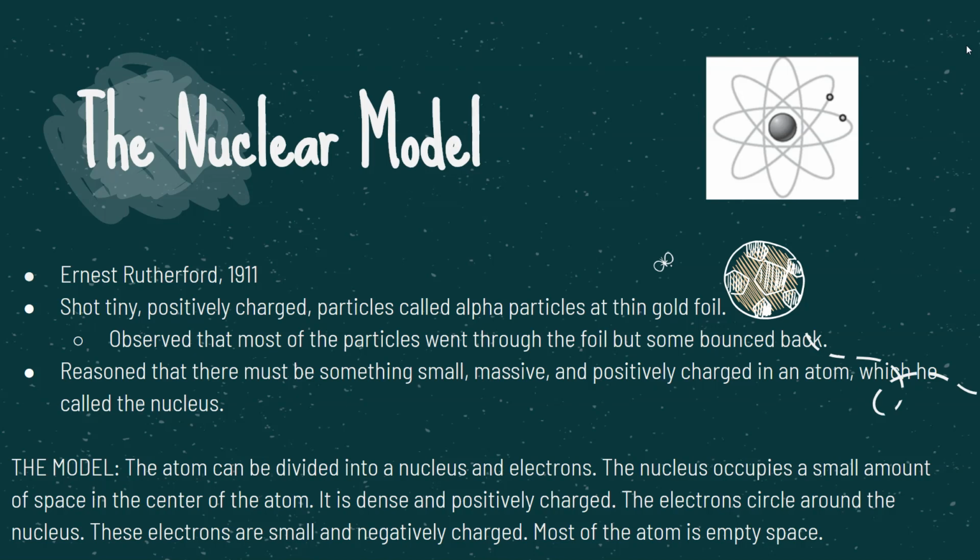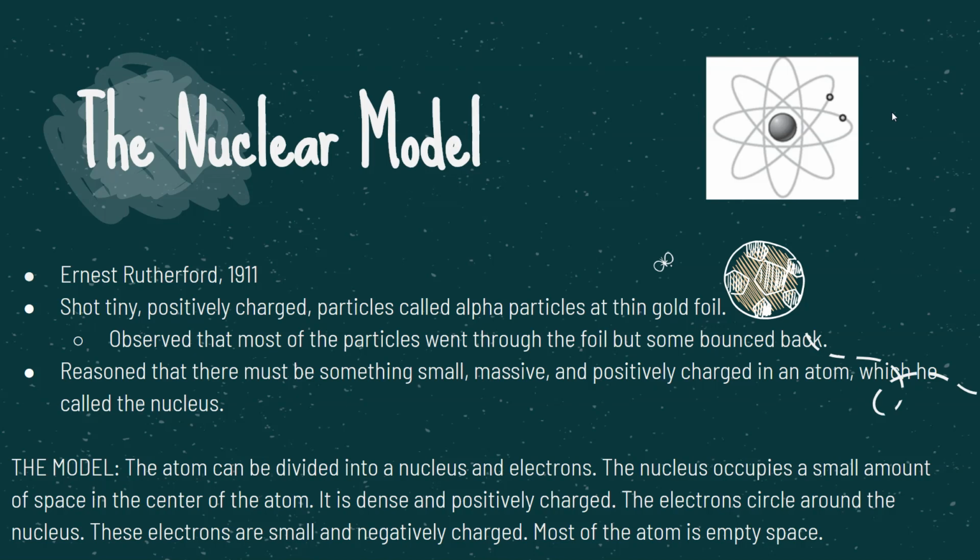If you look at his model up here on the top right, the model can show us that the atom is divided into a nucleus, which is that dark gray sphere here, and the electrons, which are these nice little dots. You see two of them on here. The nucleus occupies a small amount of space in the center of the atom.